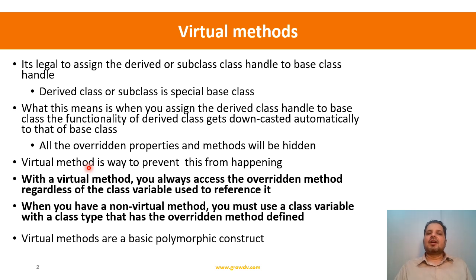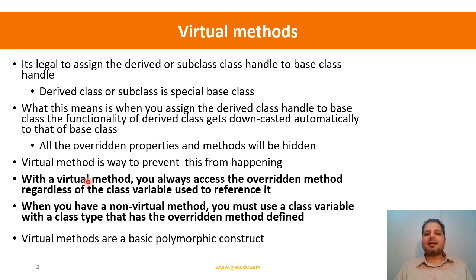Even when I have assigned a derived class object handle to the base class handle, since the base class handle is now pointing to a derived class object, when I access the common methods, I want the derived class functionality to be invoked instead of the base class functionality, right? If I want to prevent that automatic downcasting, if I want to prevent that derived class functionality from getting hidden, what do I do? That is where the virtual keyword comes into the picture.